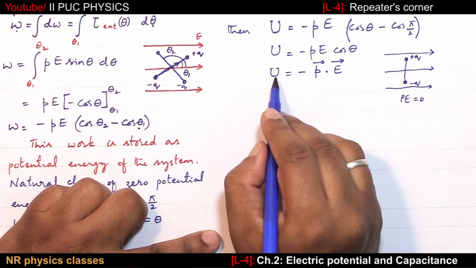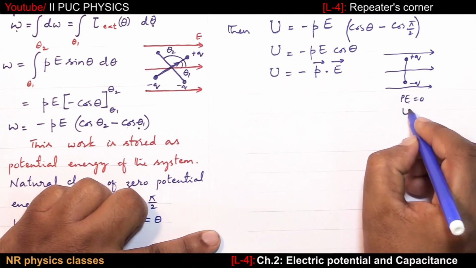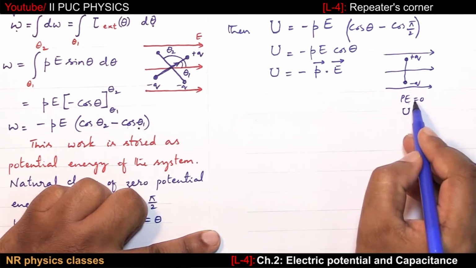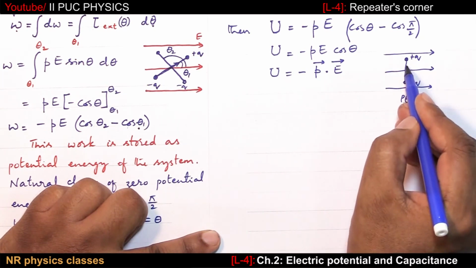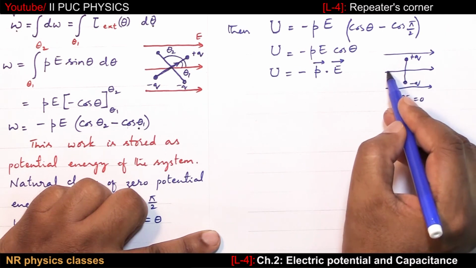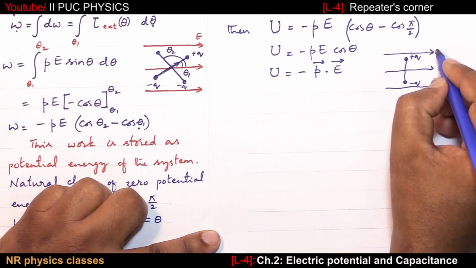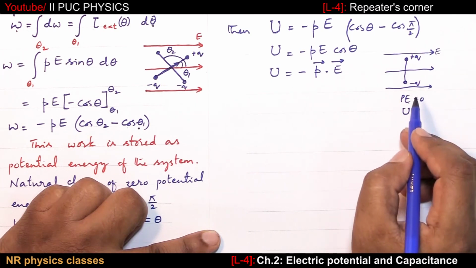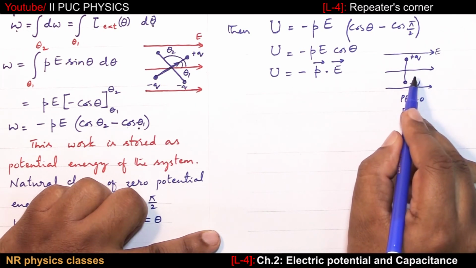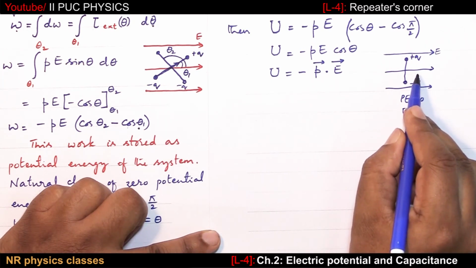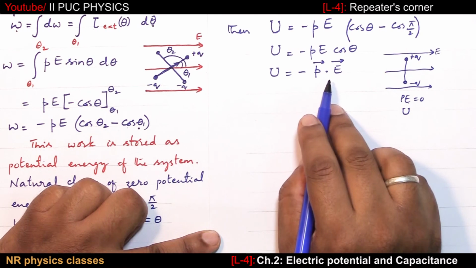Potential energy, we are using the symbol U, okay, it is just a symbol. So potential energy equal to 0. So from here, is it rotated anti-clockwise or clockwise? That matters. So this is electric field. Students, please note, these diagrams are not necessary for this derivation, okay.